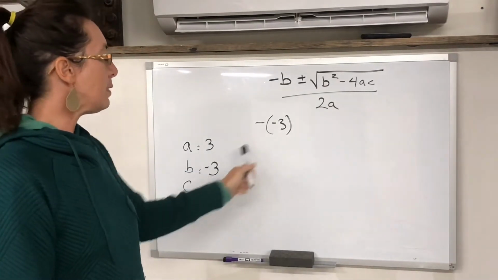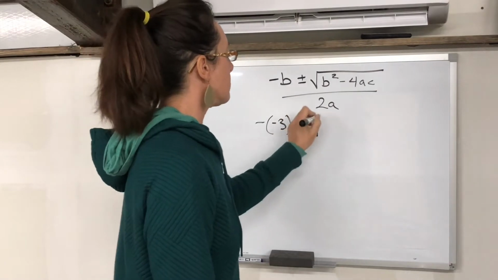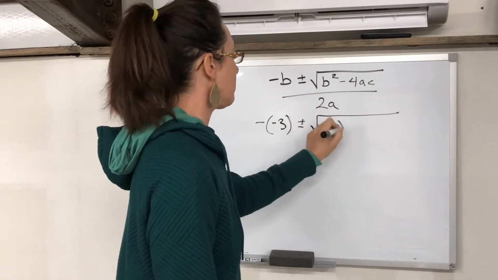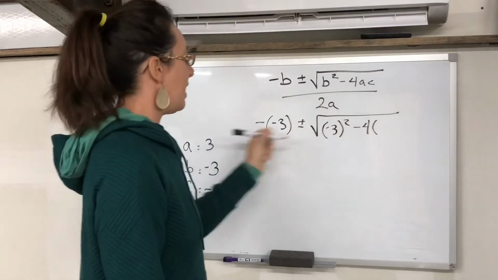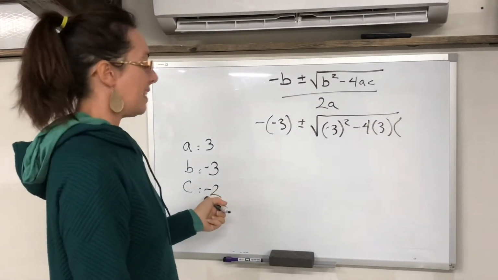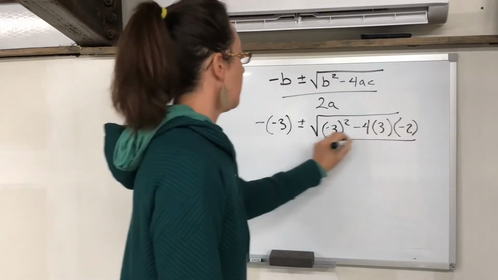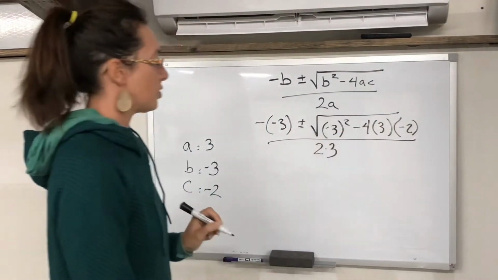We still have to keep the negative for our number. Plus or minus the square root of b, which is -3, squared, minus 4, a is +3, and c is -2, all over 2 times a, which is 3.